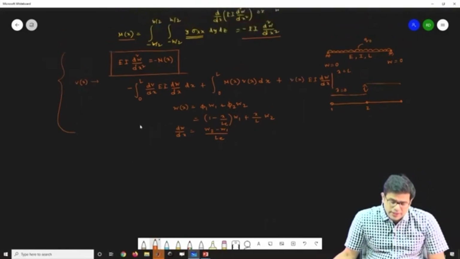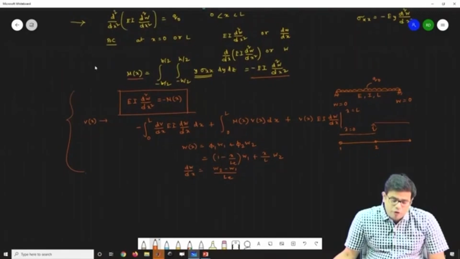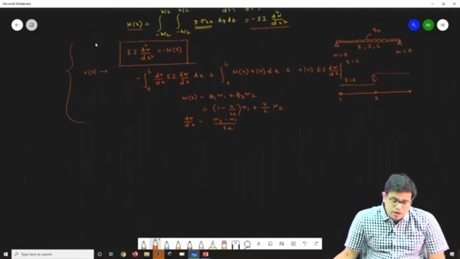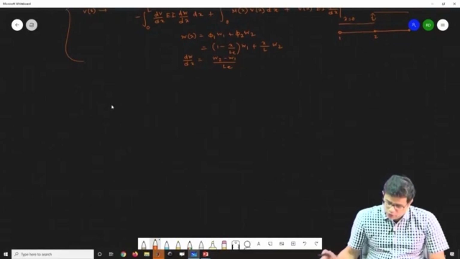To do that, let us see the weak form of this fourth order differential equation.